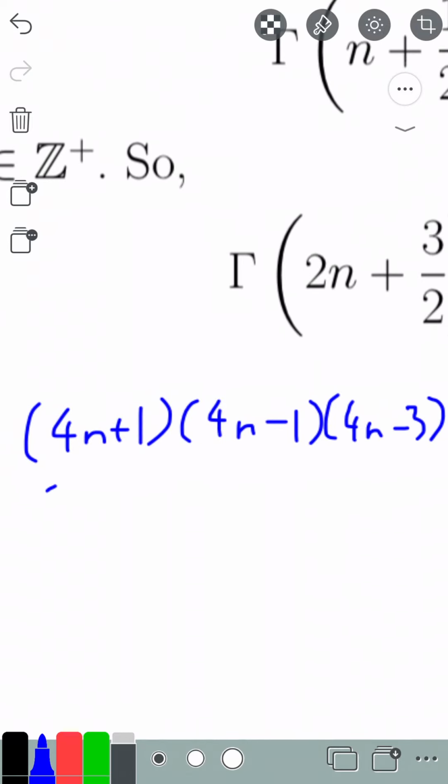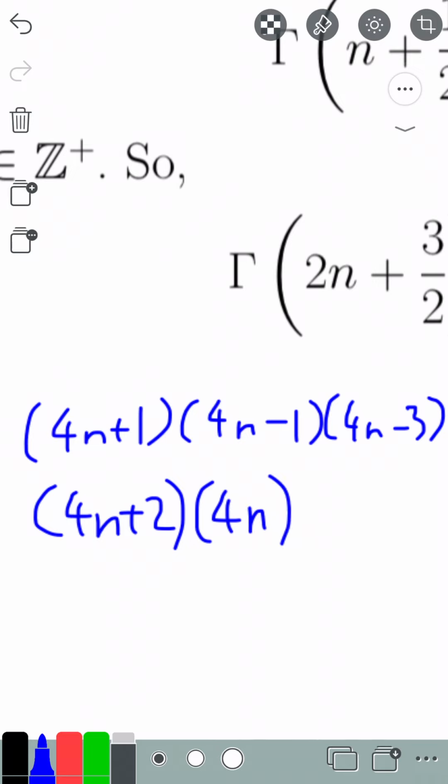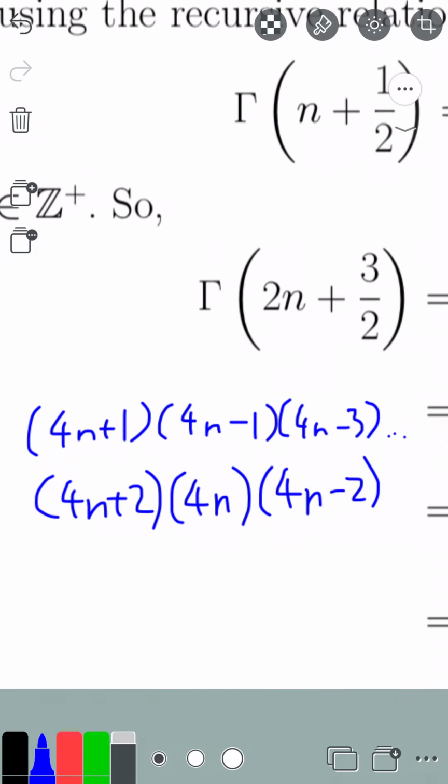So that is 4n plus 2 times 4n, because double factorial is we multiply the numbers that are 2 units apart from each other. So 4n plus 2 times 4n minus 2 and so on, all the way down to 1 or 2.